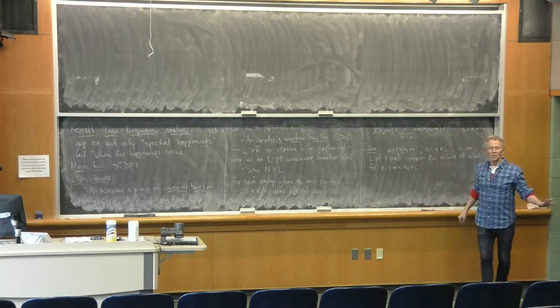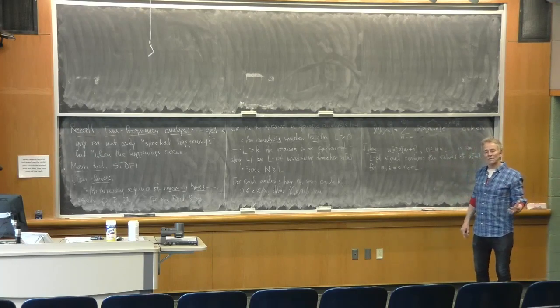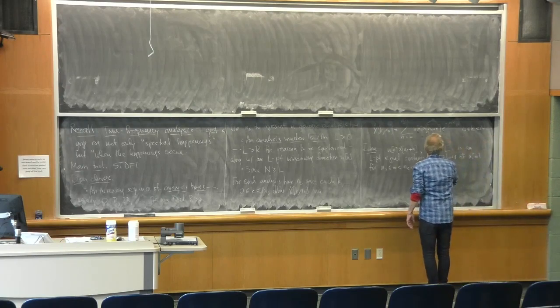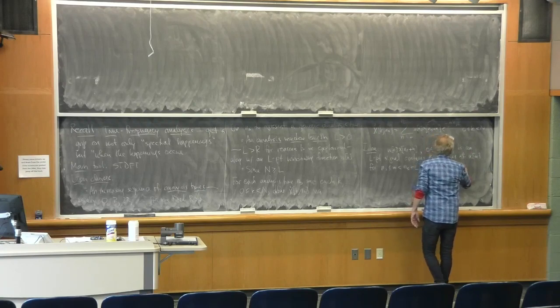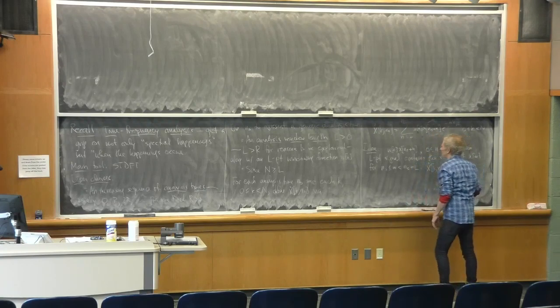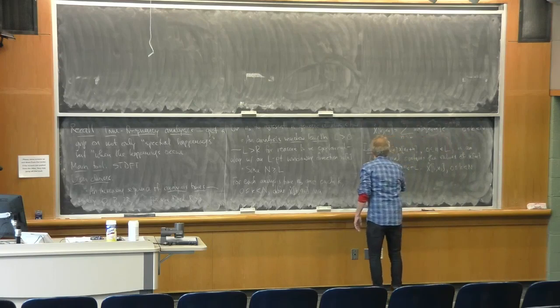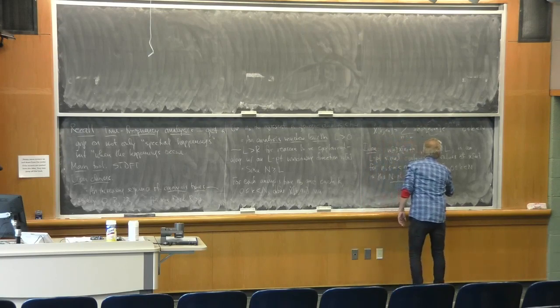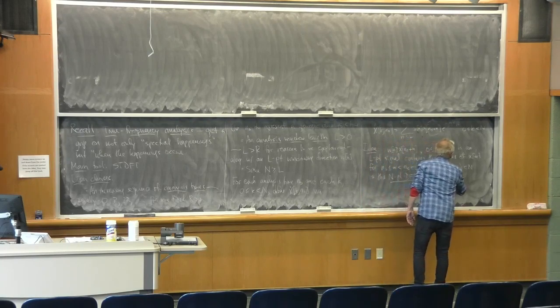We're always allowed to take an N-point DFT of an L-point signal when N is bigger than or equal to L. So X hat of k, n sub s, 0 less than or equal to k less than N, is the N-point DFT of this L-point signal.